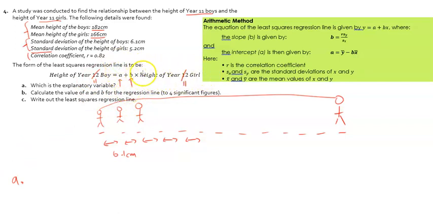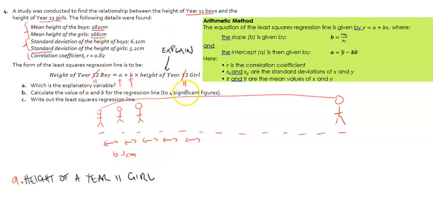This here, the height of a year 11 girl, will explain the height of a year 11 boy. So the height of a year 11 girl is going to be the explanatory variable. This is the one that explains the other thing.